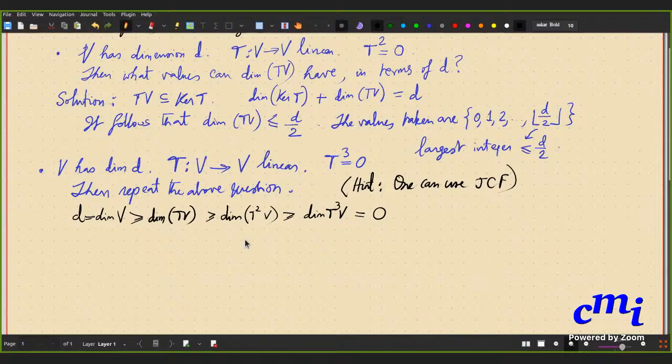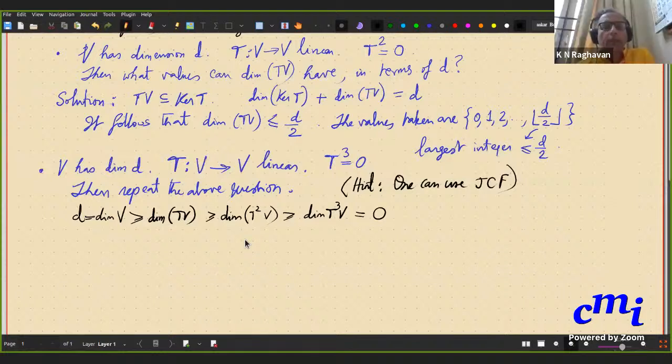Right, correct. That's absolutely right. The other way of saying it would be that if T were onto, it would be an invertible linear transformation. Therefore, there is no way T cubed is going to be 0. T squared, T cubed, T to the 4, T to the 5, T to the 6, all of them are going to continue to be invertible. So clearly it cannot be D.